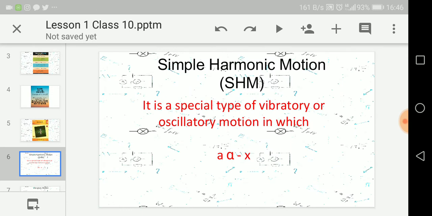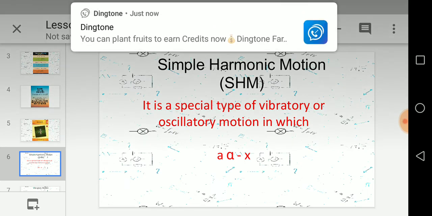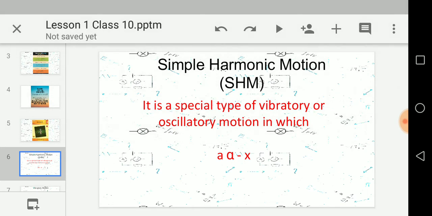You've studied many types of motions in class 9, like translatory motion, rectilinear motion, vibratory motion, and rotatory motion. Simple harmonic motion is a special type of vibratory or oscillatory motion in which a is proportional to minus x. And this is the condition that we'll prove later on. a is acceleration and x is displacement.